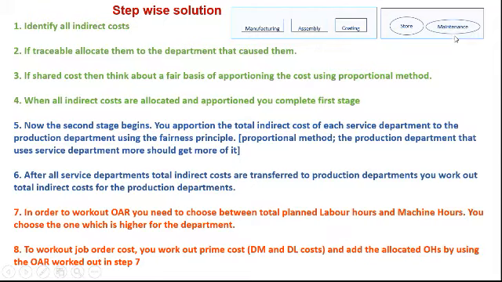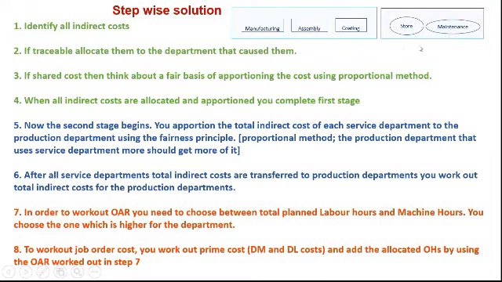Similarly, about this department, what is its relationship with these departments? The more these departments are using this department, the more of this total cost should go to that particular department. That is the fairness basis, and you think about that. After all service departments' total indirect costs are transferred to production departments, you work out total indirect costs for the production departments.